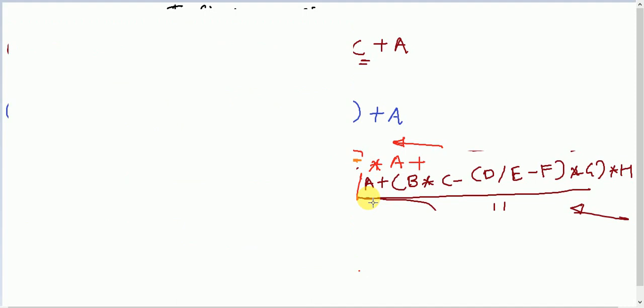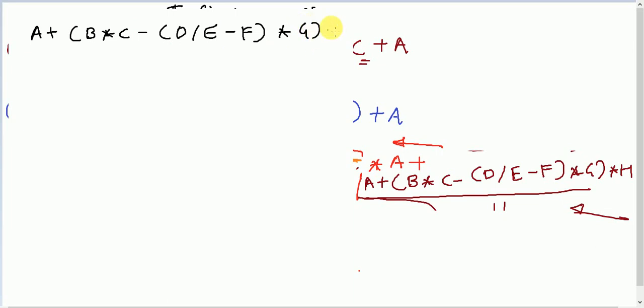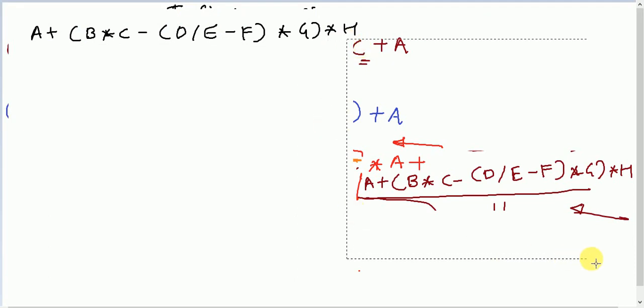Okay, so the input string given is this input expression: A plus in bracket B multiplication C minus in bracket D divided by E minus F multiplication G multiplication H. This is the input string.